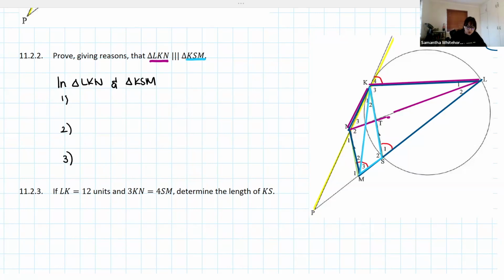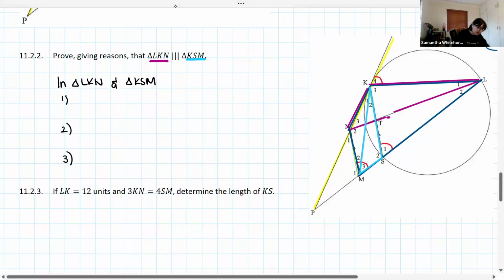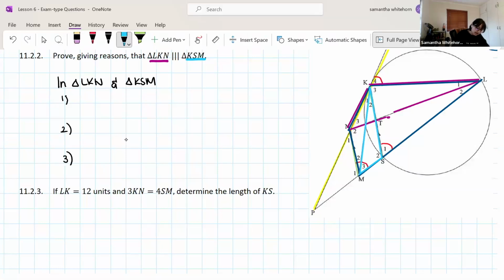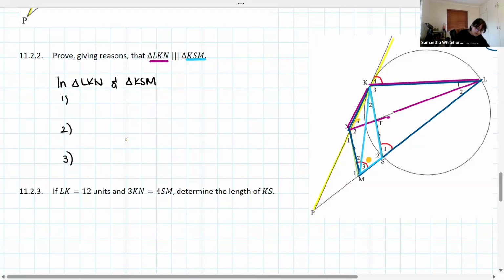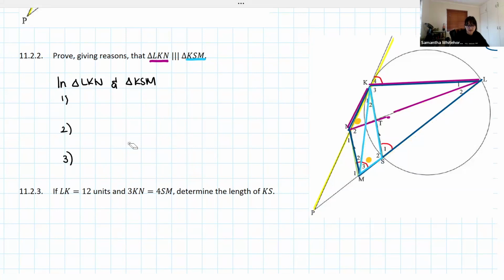The first one that I noticed straight off the bat, because I've proven the cyclic quad earlier, is the fact that M3 is equal to N3, because what you can see is the bow tie shape, and those are then angles in the same seg in that cyclic quad I've already proven.